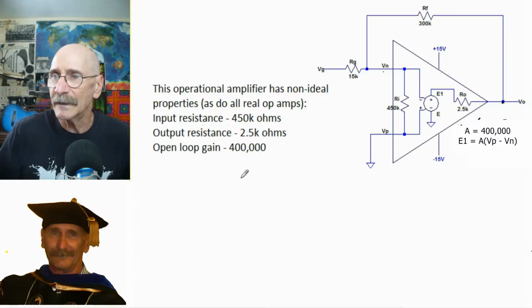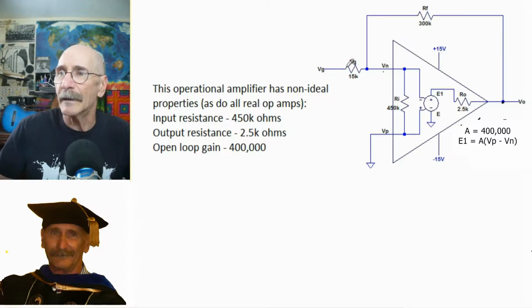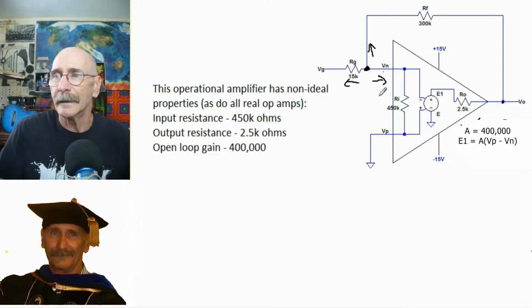The next thing we're going to do is write some equations. The first equation is at this node right here, and we're going to use KCL, looking at the currents going away from this point.